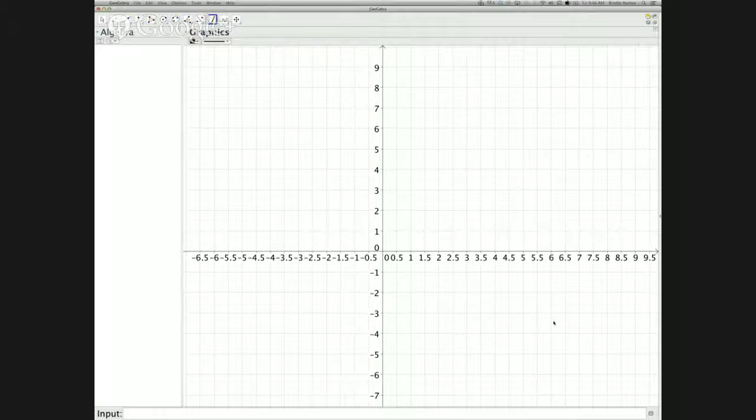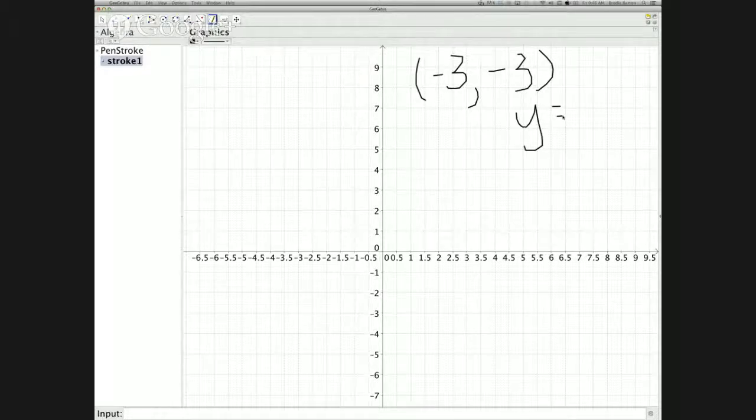We're on number 54. And we're going to do it graphically. We want to go through -3, -3, and we want to be perpendicular to y equals -3x. Okay?